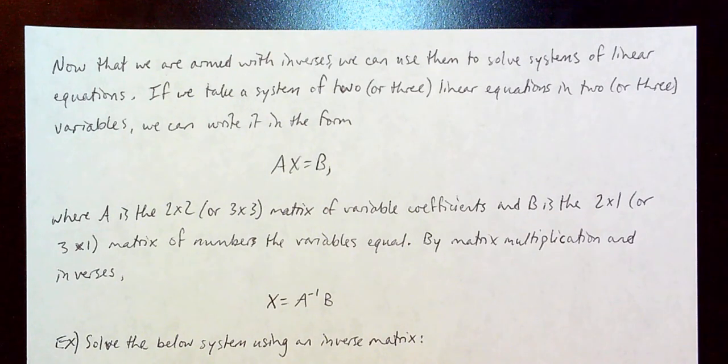If we look at a system of 2 or 3 linear equations in 2 or 3 variables, we can write it in the form A times X equals B. A is the 2 by 2 or 3 by 3 matrix of the coefficients on the variables. B is the 2 by 1 or 3 by 1 matrix of numbers that those things equal.